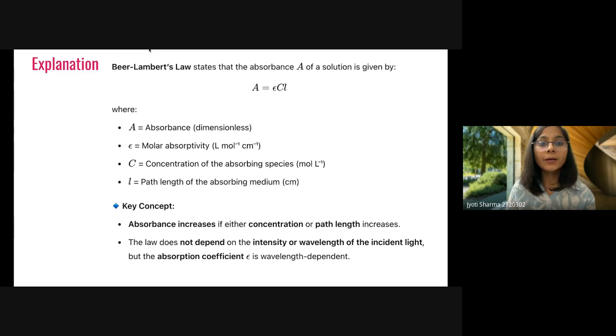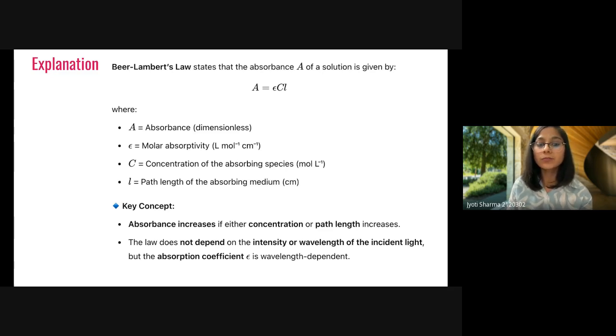According to Beer-Lambert law, A is equal to epsilon C l. Here A is the absorbance, epsilon is the molar absorptivity, C is the concentration of the absorbing species, and l is the path length of the absorbing medium, in centimeters. So absorbance is proportional to the concentration and also the path length.